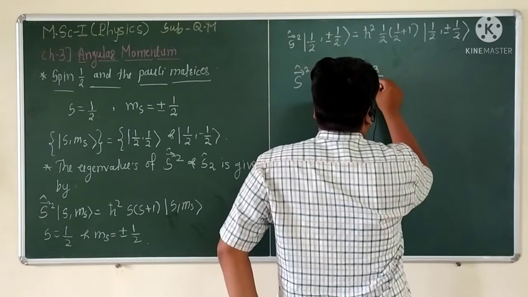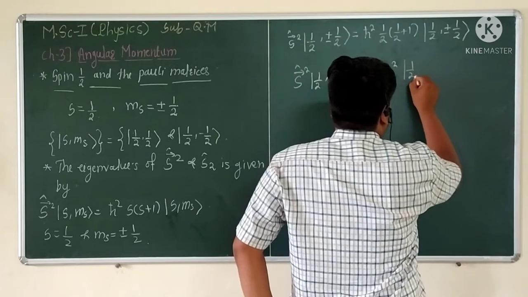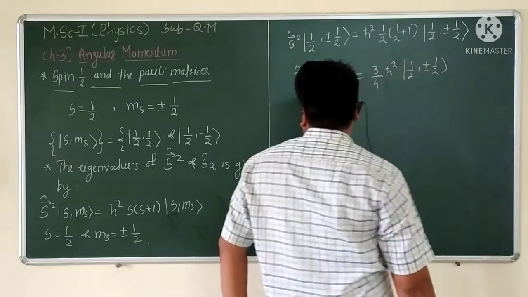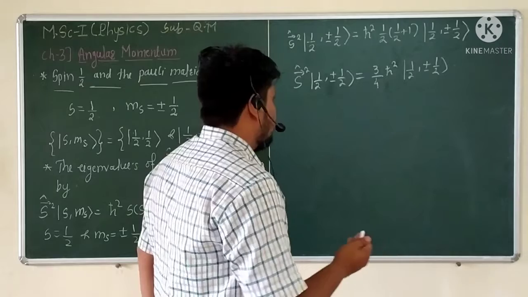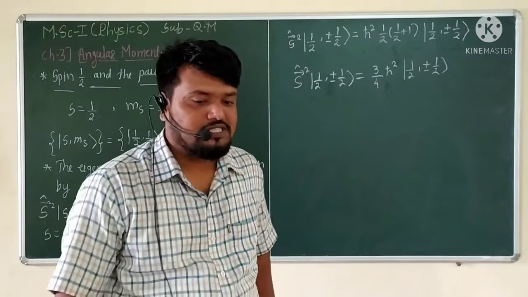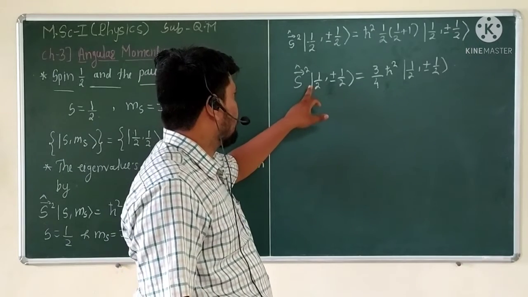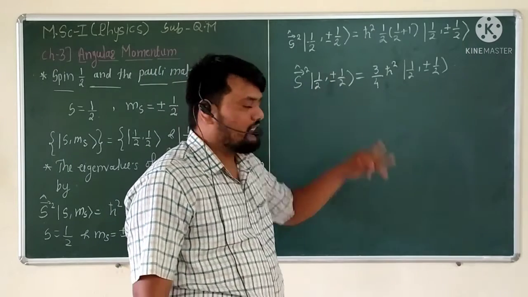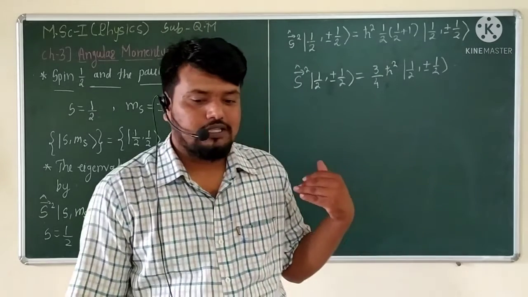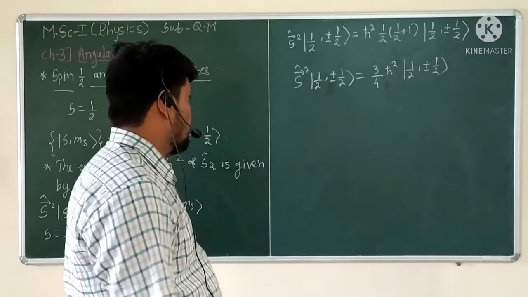So S cap square on |1/2, plus or minus 1/2> is 3 by 4 h cross square times |1/2, plus or minus 1/2>.